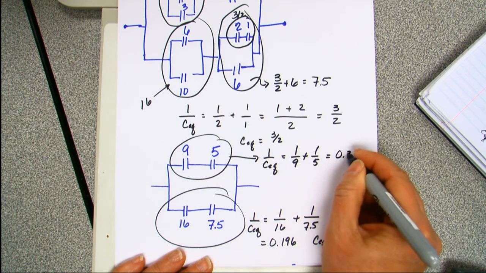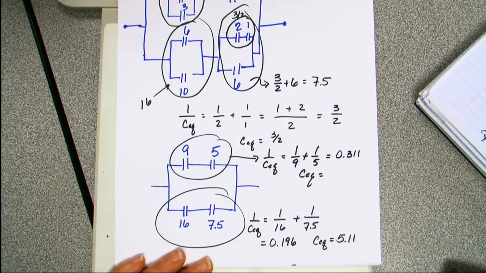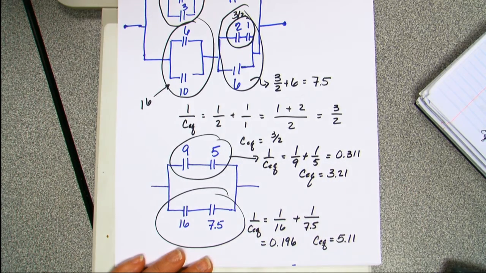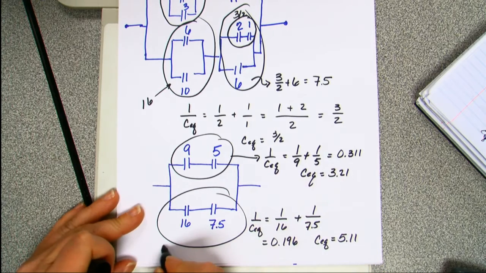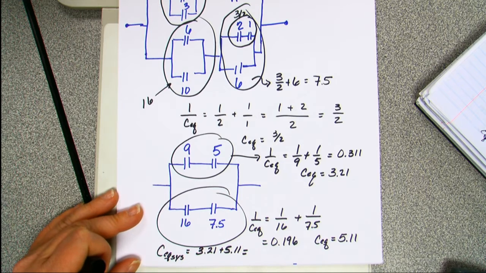That equals 0.311, so CEQ is equal to 3.21. These are now in parallel, so I can just add for the system. CEQ is equal to 3.21 plus 5.11, which is equal to 8.32.